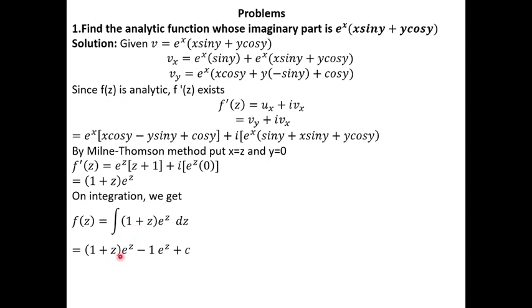First function into integration of e power z is e power z itself, minus, differentiation of 1 plus z: differentiation of 1 is 0 plus differentiation of z is 1, again integration of this one is e power z itself. Again plus, what is differentiation of 1? 0. 0 into anything will be 0. Hence integration is done. Then plus integration constant c.